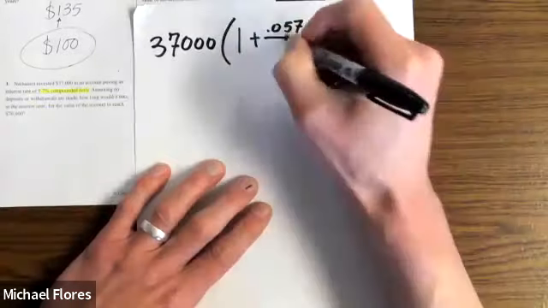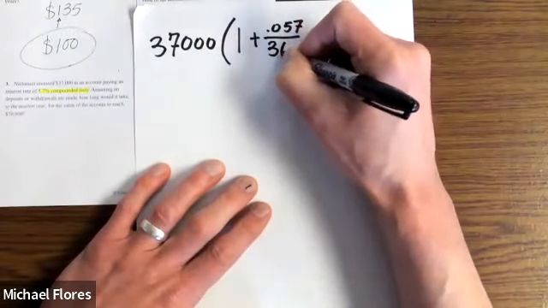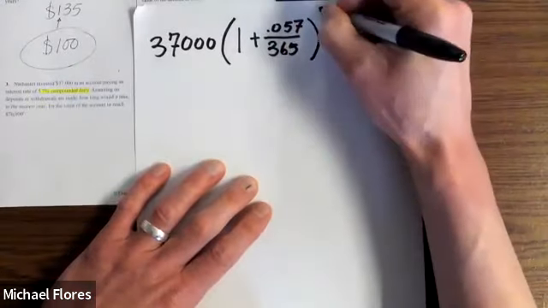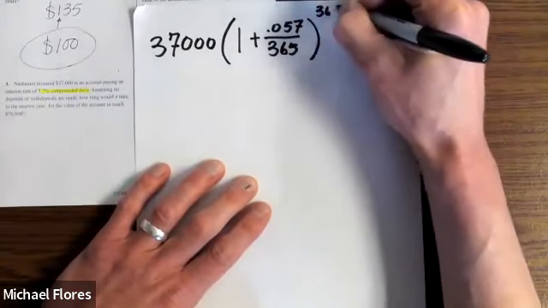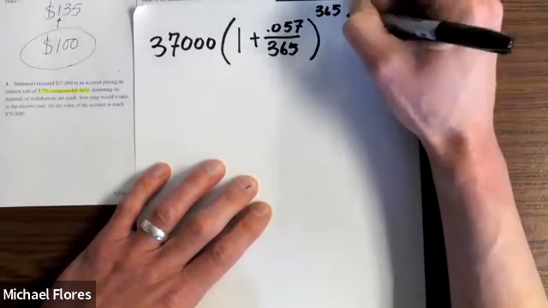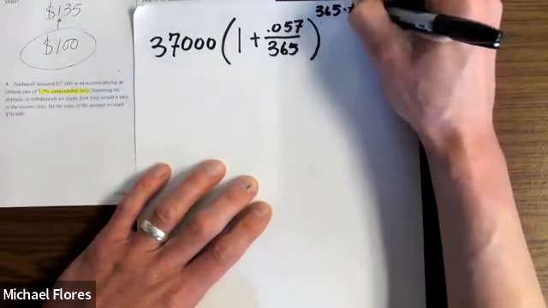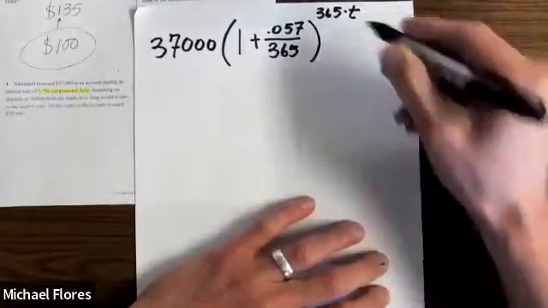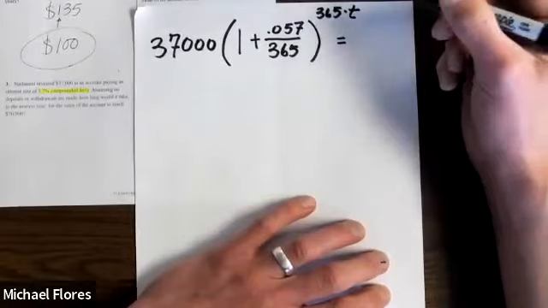Since we're compounding daily, that would be 365 days, raised to the amount of times that we're compounding times how long. Well, they asked us here to find how long is it going to take. So we don't know the time, but we know how much we want it to accrue.